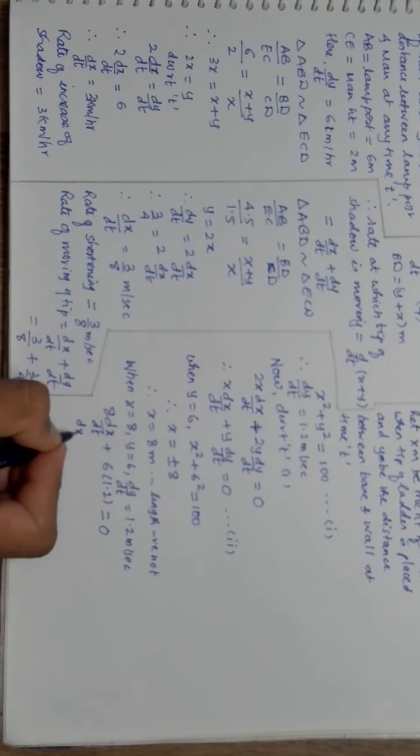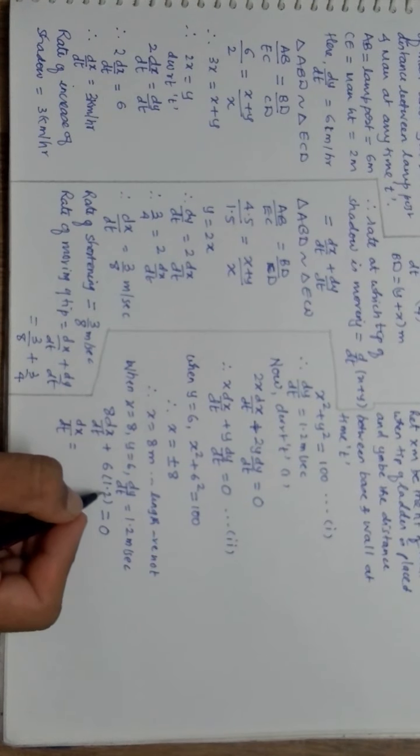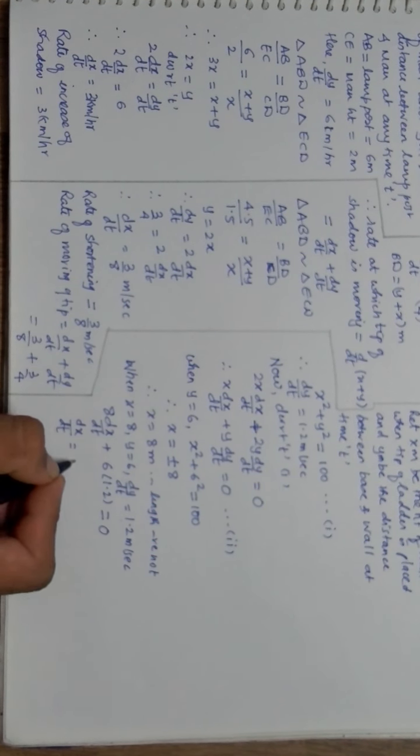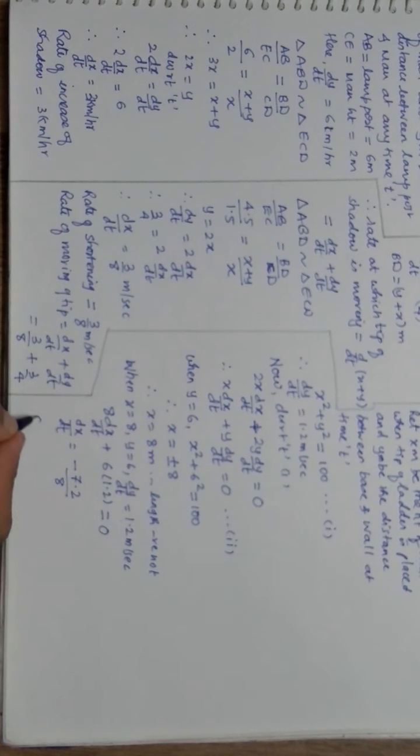So you get dx by dt. This is 7.2, right? Yes, 6 twelves are 72. That is minus 7.2 upon 8. So here 8 nines are 72. So you get dx by dt is equal to minus 0.9 meter per second.